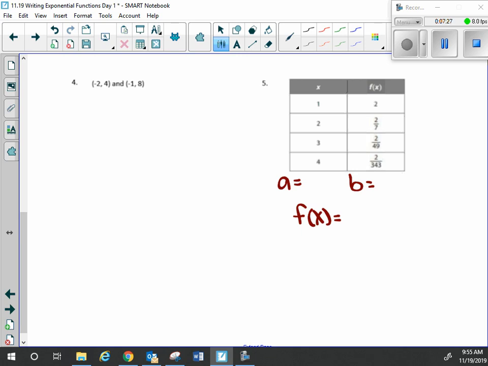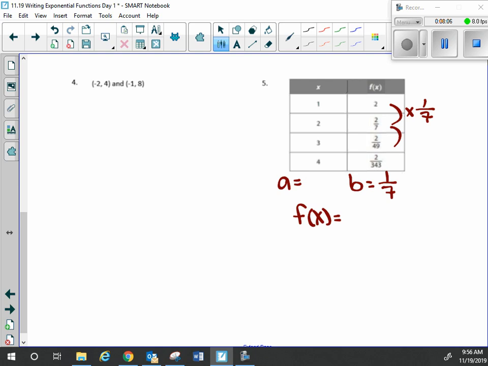So what is my rate of growth or decay? First of all, is it growth or is it decay? It's decay. It's decreasing. So what's my rate of decay? How do I get from 2 to 2 sevenths and 2 sevenths to 2 49ths? Times 1/7. So my B value is 1/7, right? Can I use that to work back to the A?